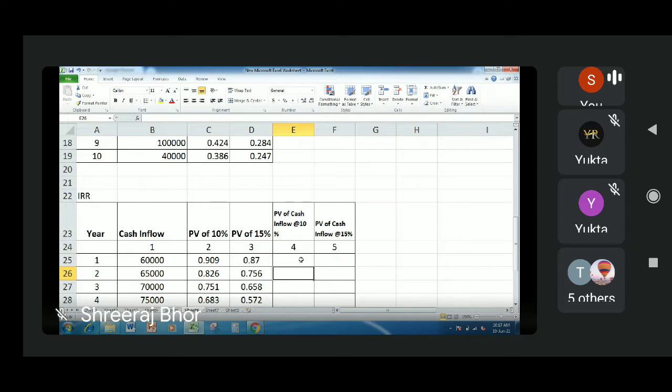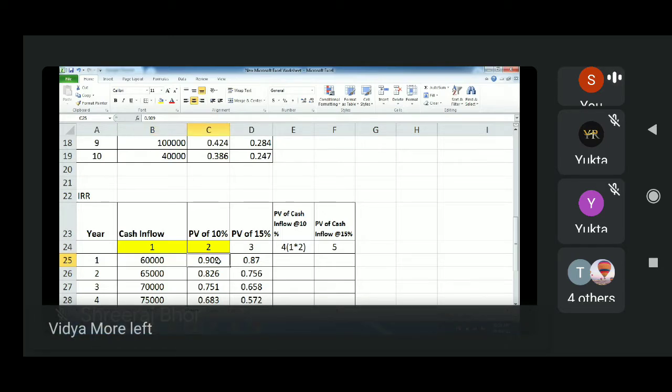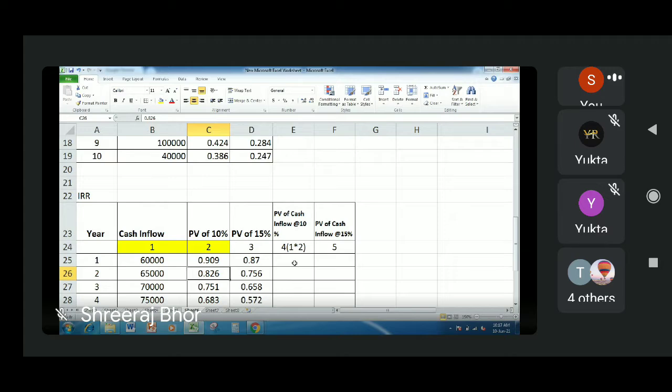So we are going to multiply column 1 into column 2. So this is 1 and this is 2. We are going to multiply 60,000 into 0.909, 65,000 into 0.826.